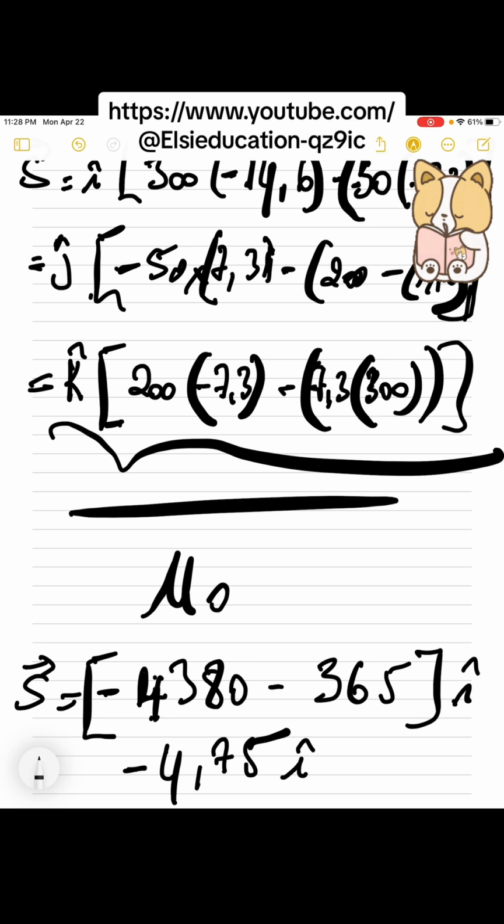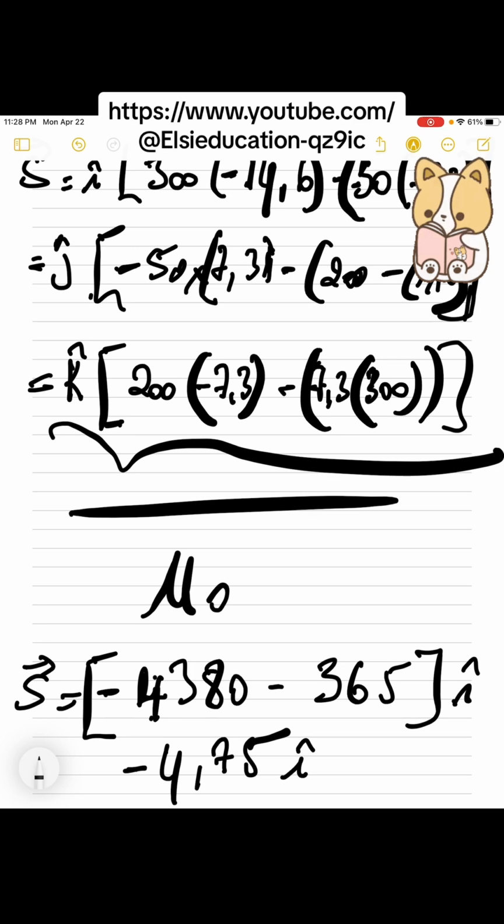No. 200 multiplied by minus 7.3. 7.3 multiplied by 300. So this one, answer minus 365.